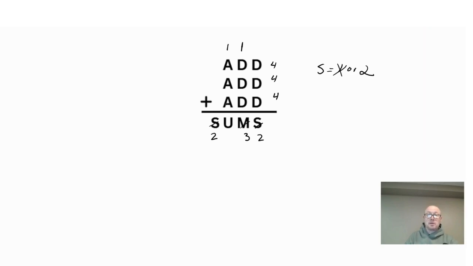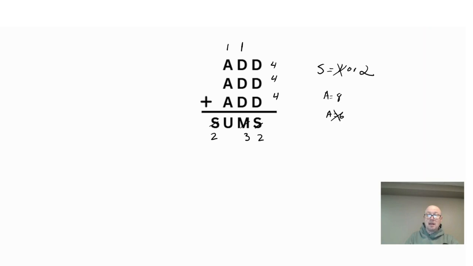Now, let's think this through here. A has to be even. We remember in our last example that 2 was too small because we have to carry this over. The only value that is going to work here is A equal to 8, because if we used A equals 6, we would get 19 when we added this column, and that means the S would have to be 1 again.